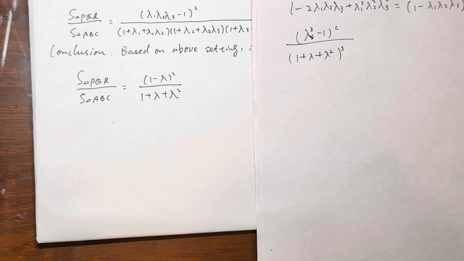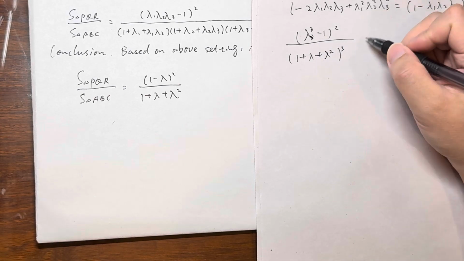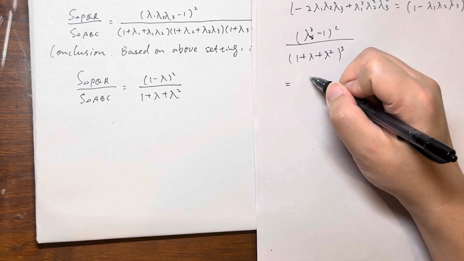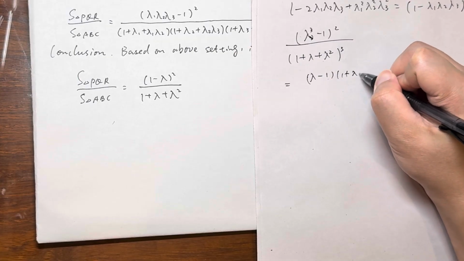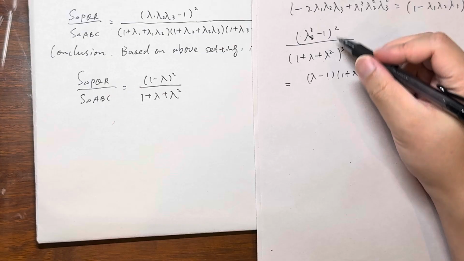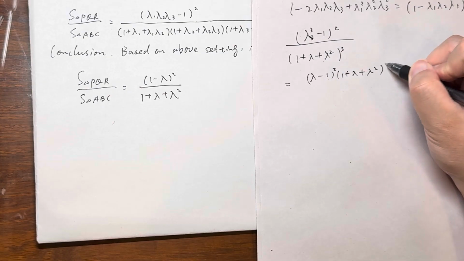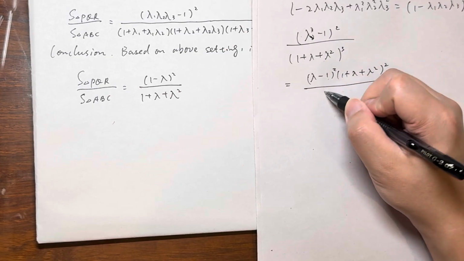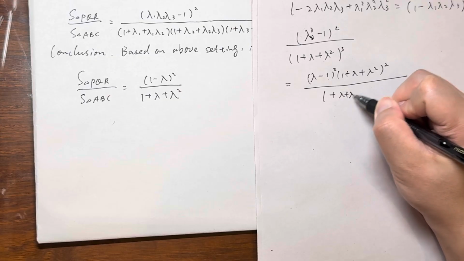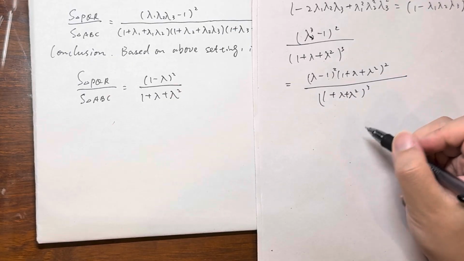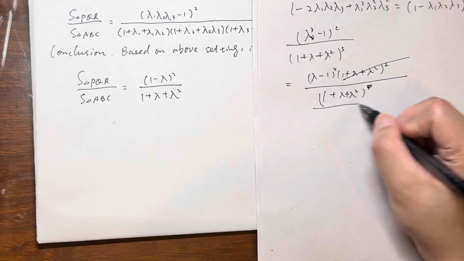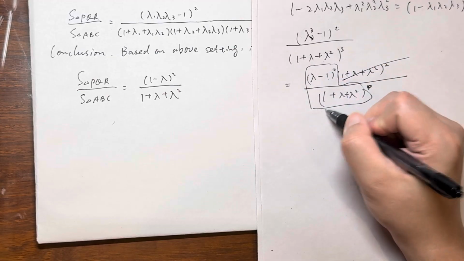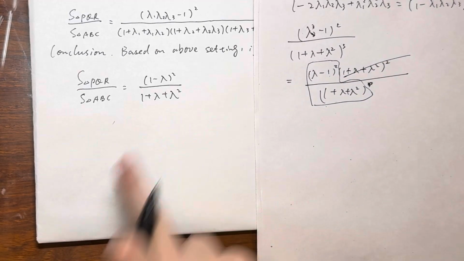So this one can be rewritten as lambda minus 1 plus lambda square, right? So we have square here, and we have 1 plus lambda square to the power 3. Then we cancel 2 of them. That's what we left, right?